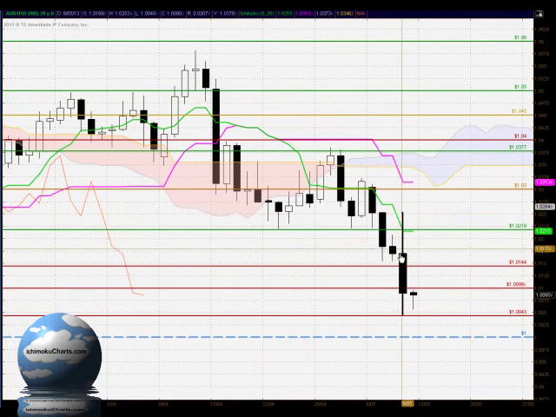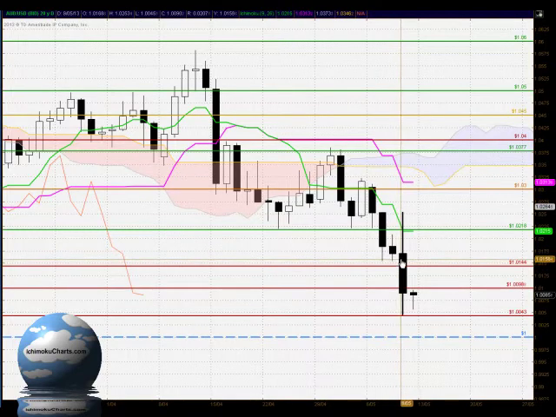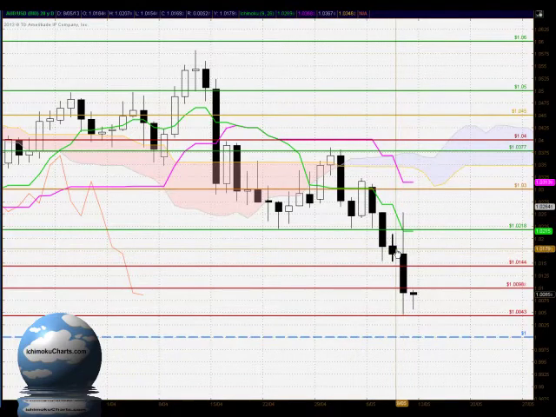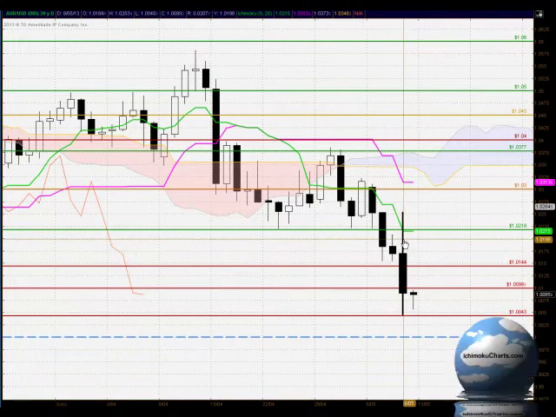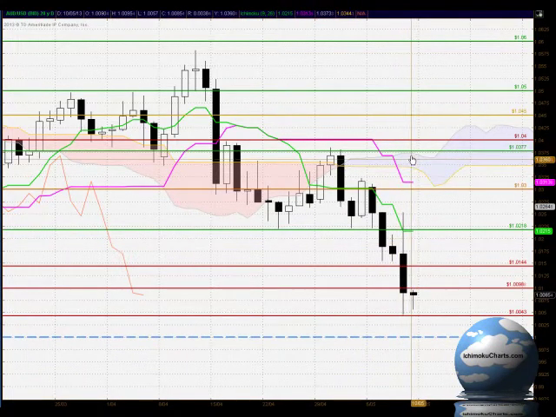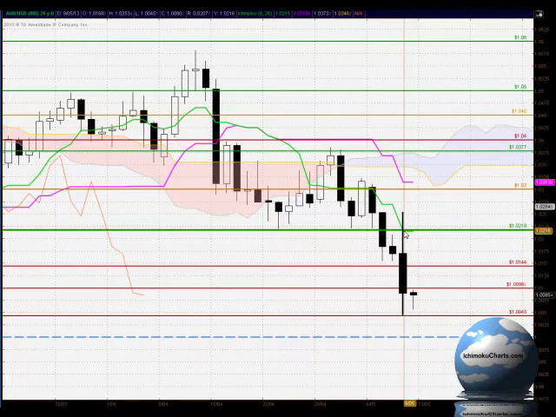But then later in the trading day we saw the sellers come in and sell this market off in a substantial way. And this really does show how it's important for us to trade with the higher time frame trends. Very short-term traders may have been tempted to take a long position based on what was seen, but when we consider that the market was trading down below the cloud, the Kijun-sen and the Tenkan-sen, we had a negative market in all three time frames.